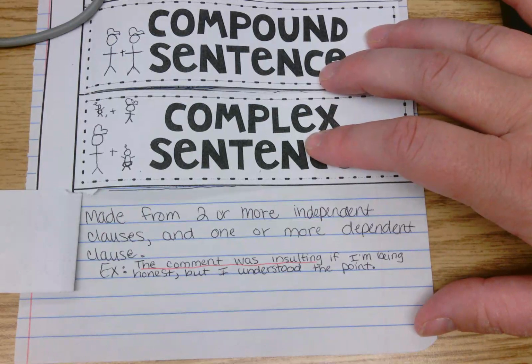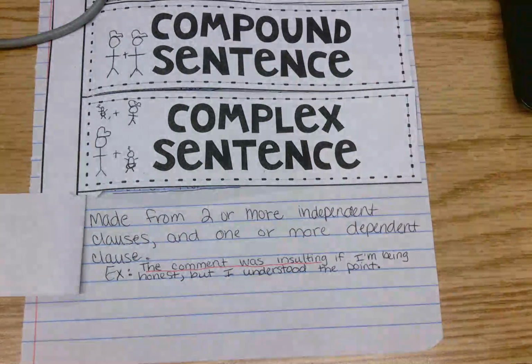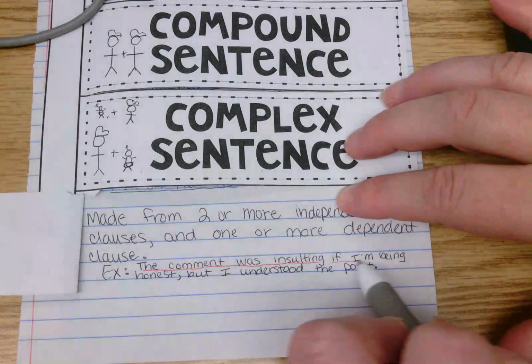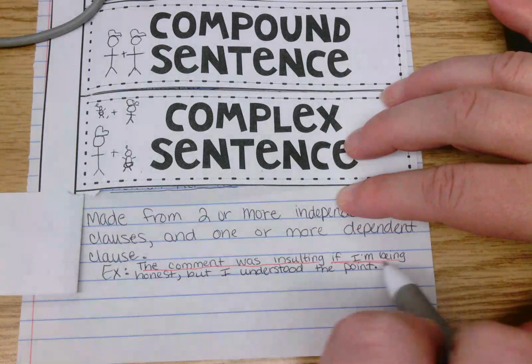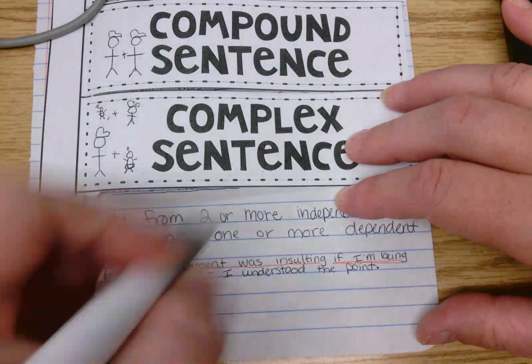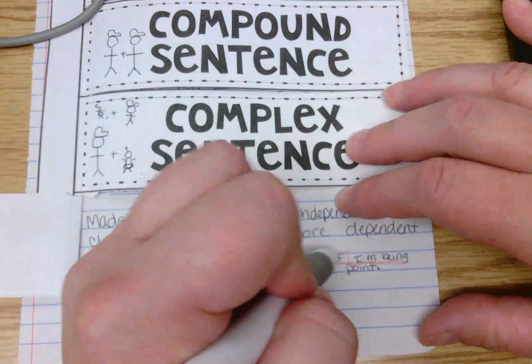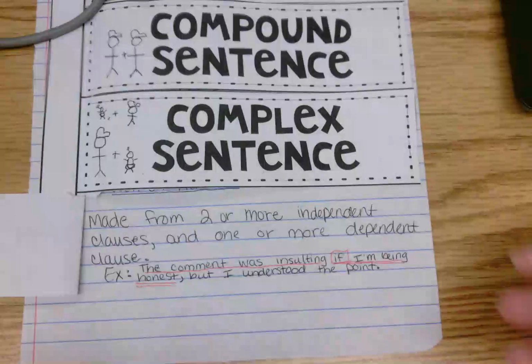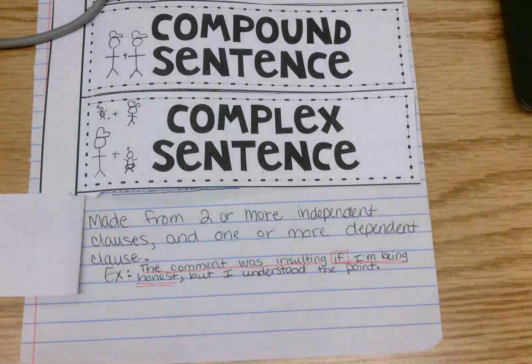If I'm being honest. That is dependent. Oh, I thought you said dependent, not independent. Okay. Dependent. What word makes it dependent? If. All right. We will finish this up tomorrow.